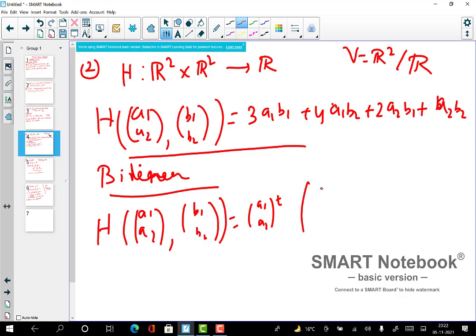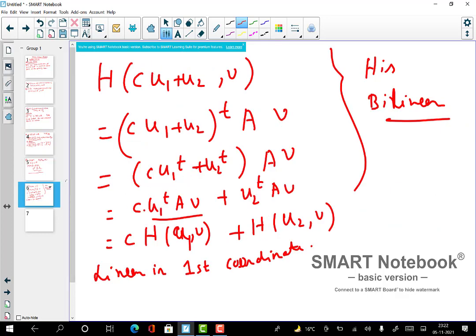The matrix has diagonal entries 3, 4, 2, 1. And now if you multiply that, this is A1 into 3, A2 into 2, okay, and so on. And similarly here you will have B1 B2. So this is kind of u transpose A v, right? Okay, so the proof is the same. If you prove that next part, then this will be a special case of that next example.